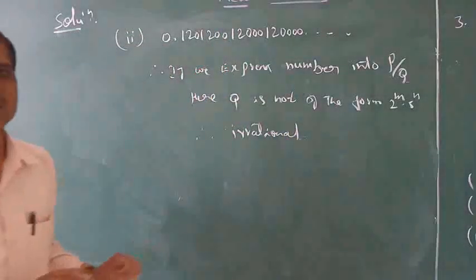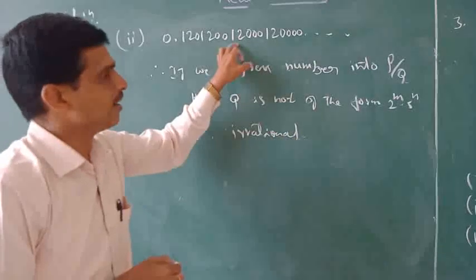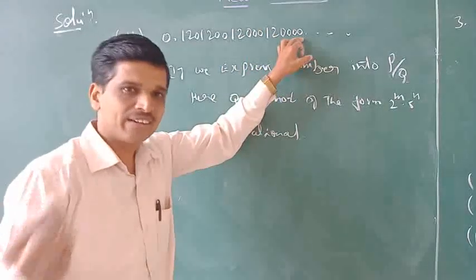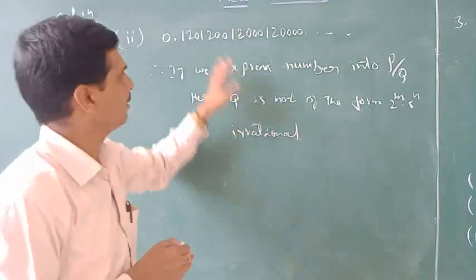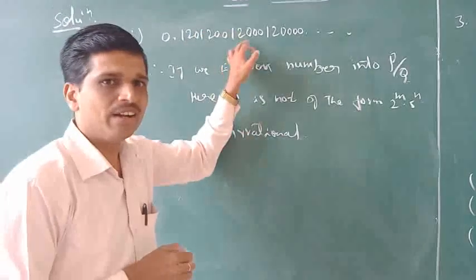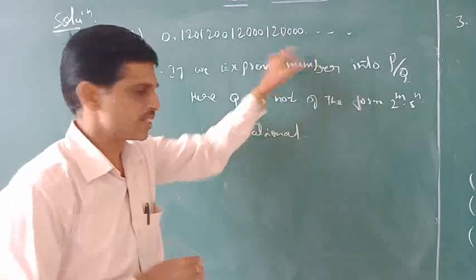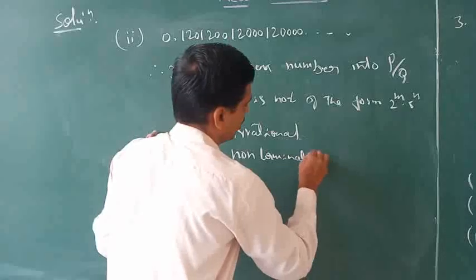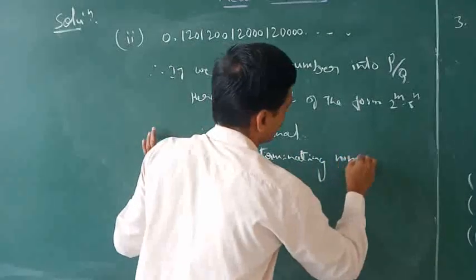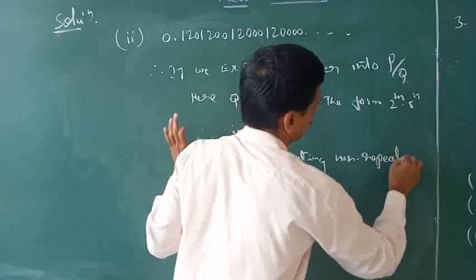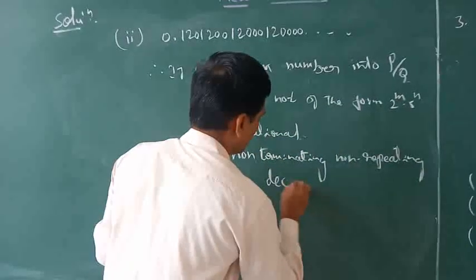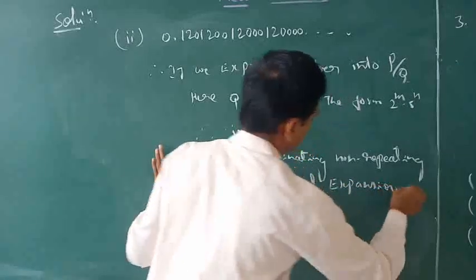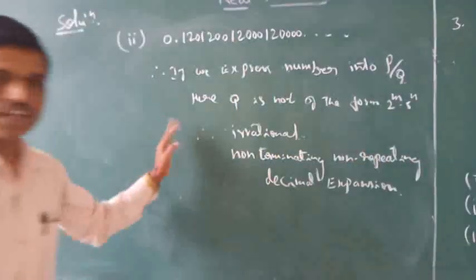It is irrational, therefore it has a non-terminating and non-recurring decimal expansion. Once again, it is a non-terminating, non-repeating decimal expansion. So this is our required solution.